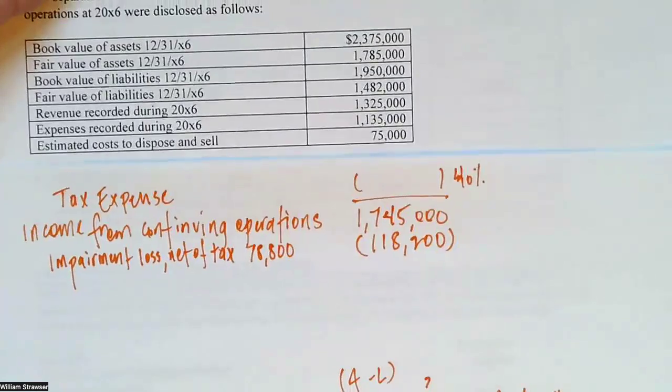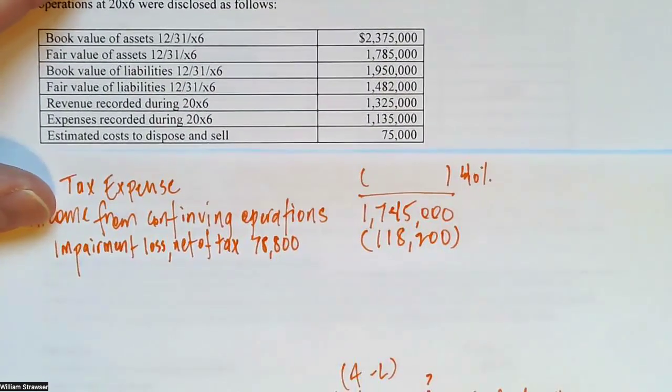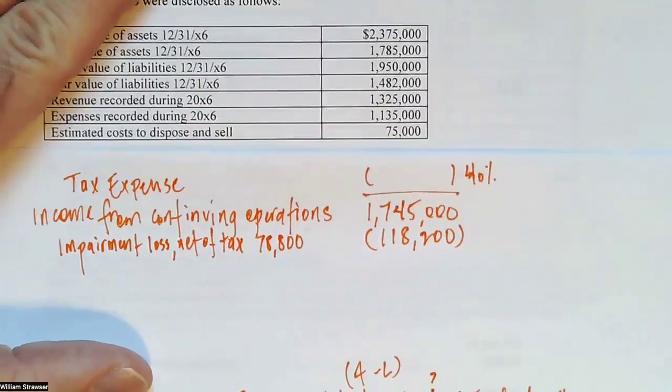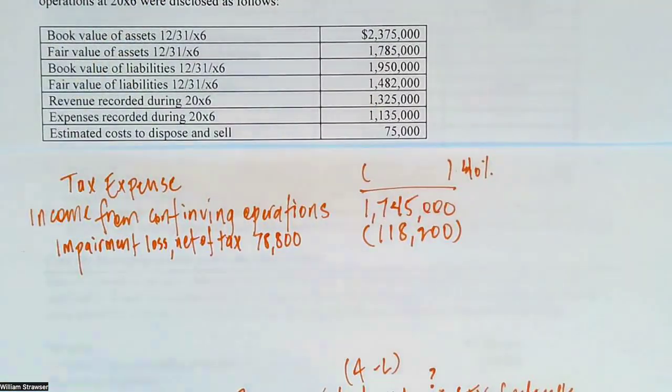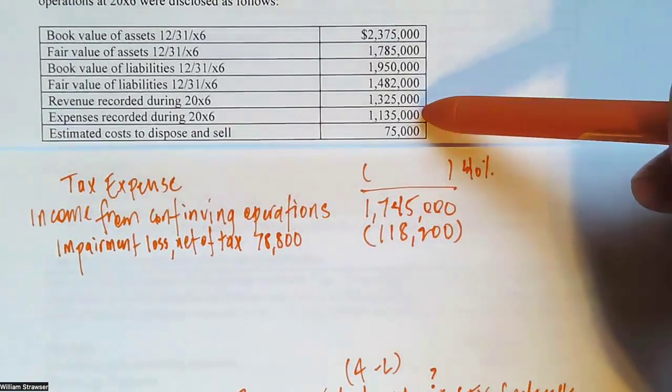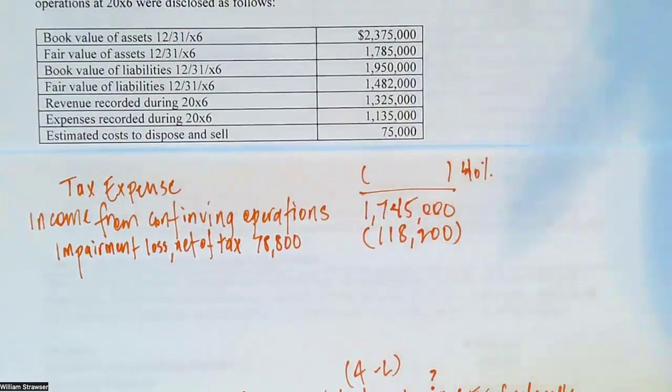The next piece would be, well, was there revenue or expense from the operating activities of the discontinued component of the company? And remember that even though we're discontinuing, that doesn't mean we shutter it down, that it's not doing anything. This portion of the company is still very much active. So it will record revenue from its operations, it will record expenses, and these are the amounts that I give you for those two pieces.